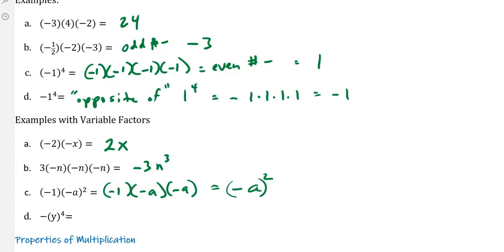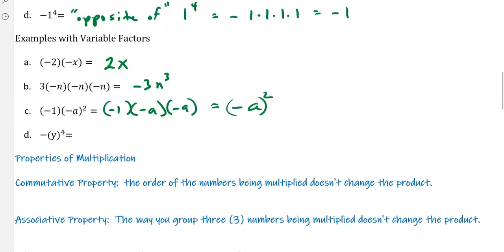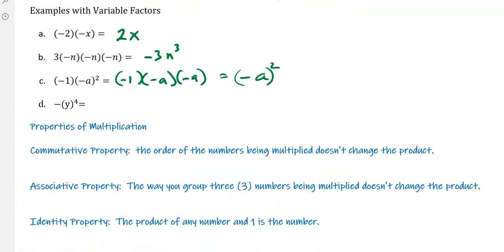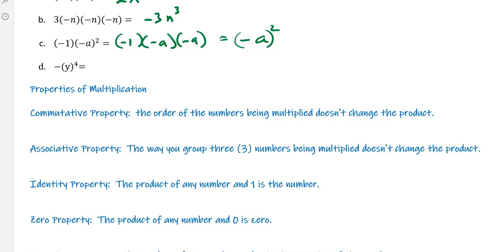All right, now let's take a look at the properties of multiplication. These are important. They're just like the properties of addition. The commutative property says that if you multiply -1 times 3, that's the same thing as multiplying 3 times -1. You can reverse the order and it doesn't make any difference. Commutative property.